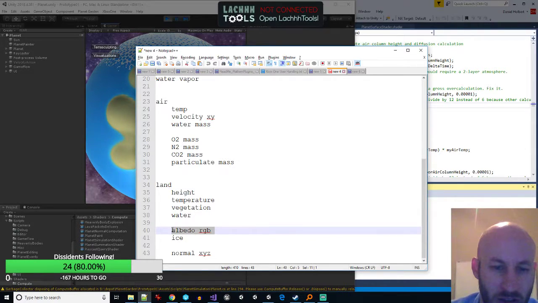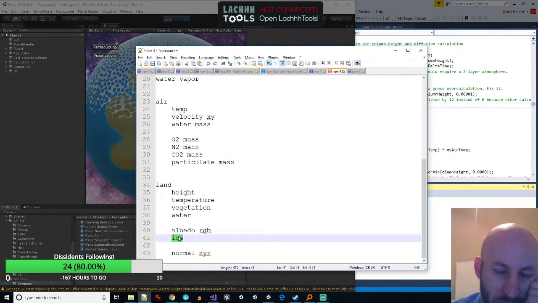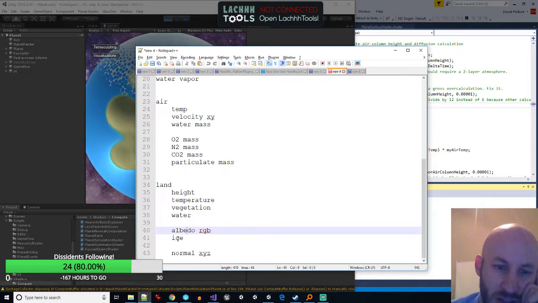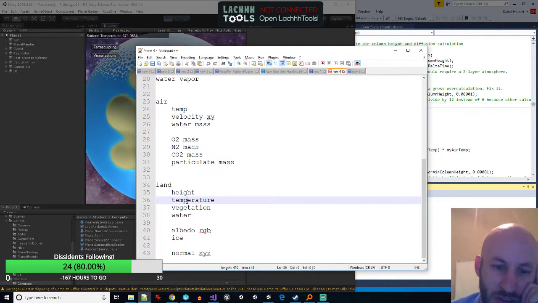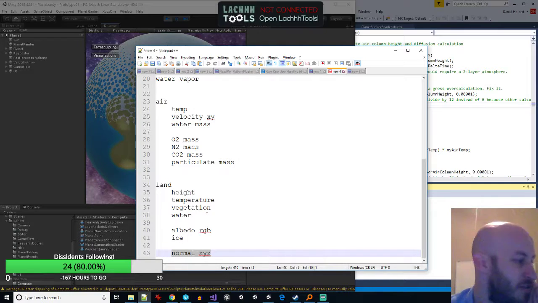You also have a color of the land, which at first was just a color, but now it's indices into a color palette. I have a value for ice, but right now I'm just using it for debugging, because if any ice shows up, it's not stored, but a function of the temperature, and then the direction the surface is pointing.